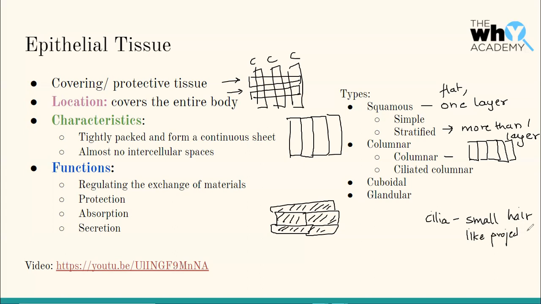Humans have cilia mainly in our intestines, I would say the small intestine, because the small intestine is involved in the absorption of food. So cilia is basically used to increase the surface area. That's its main function, for absorption, or to grab something like that, right?